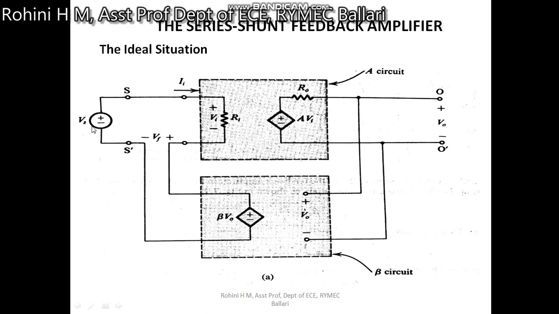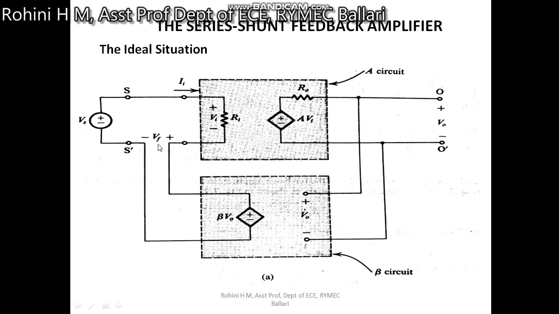Note down what the input is, Vs, and what the output is, Vout. Beta is a dependent voltage source, beta times Vout. Here the voltage source is given as A times V1, where V1 is the voltage across R1.